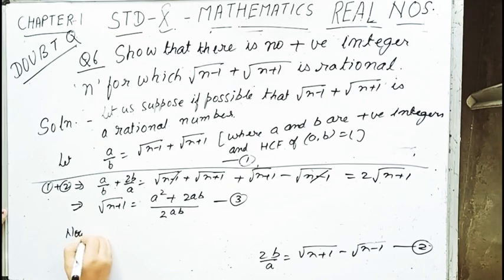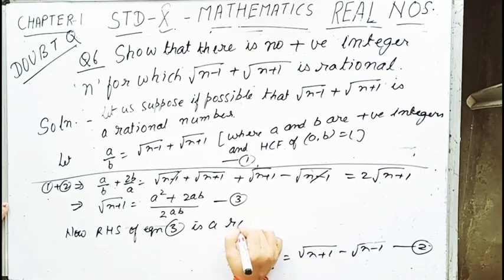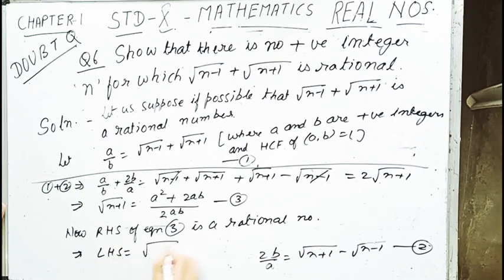The RHS of equation 3 is a rational number, which implies the LHS, √(n+1), is a rational number.